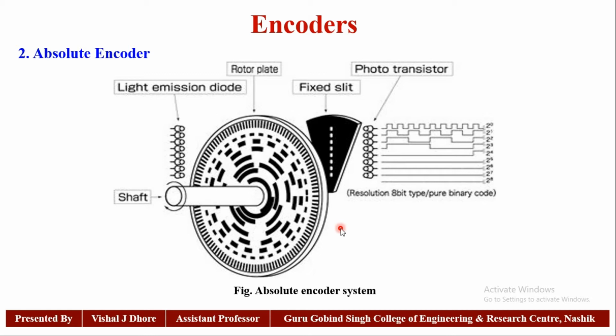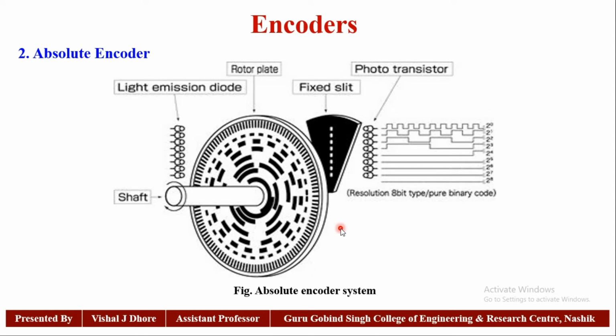It consists of an encoder disk, an array of optical sources such as LEDs, and an array of photodetectors. The encoder disk has a number of traces on it. These traces are arranged in gray code. The gray code has the advantage over other codings that only one bit is changed per step, thus avoiding misreading.